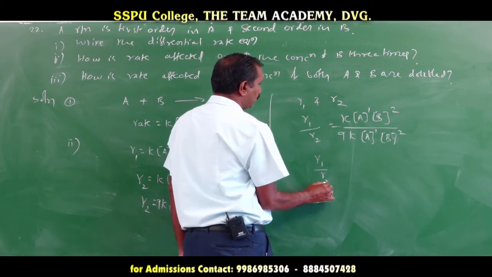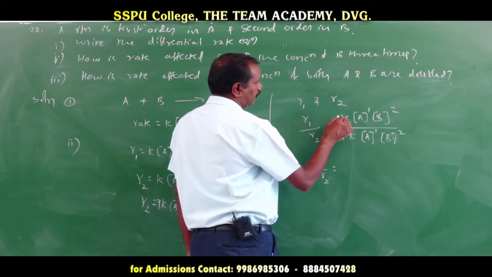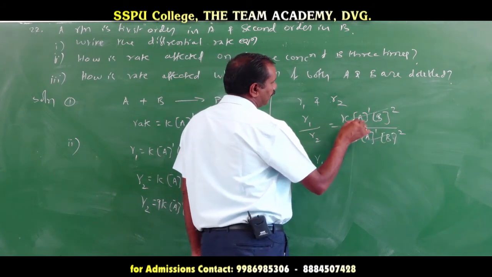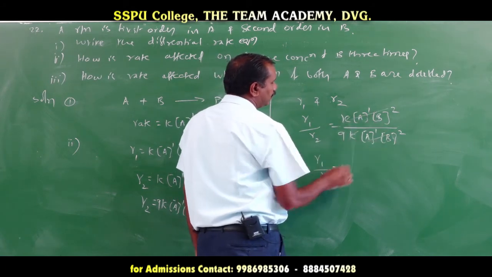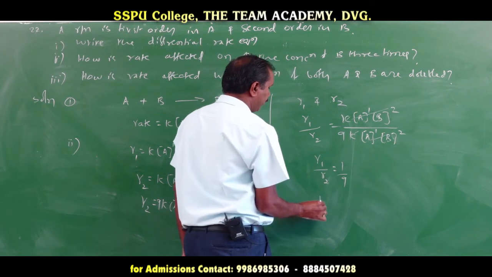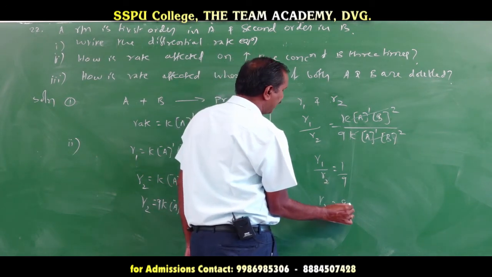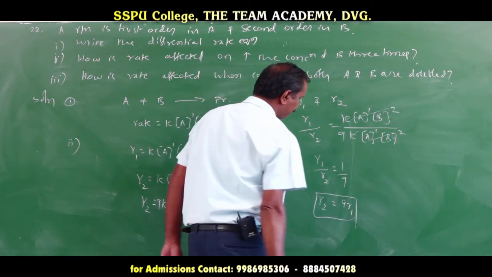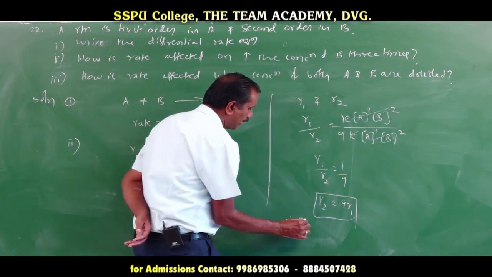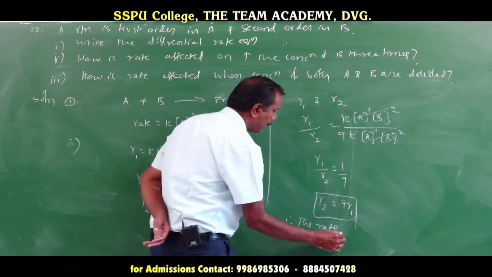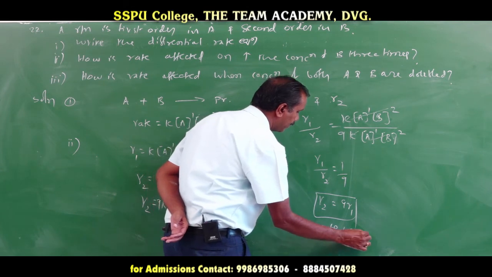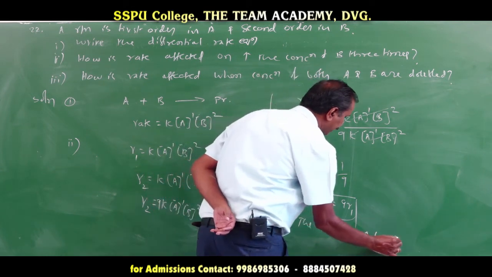So k and k cancel, concentrations cancel, 1 by 9. R2 is equals to 9 into R1, means the rate will increase by 9 times.